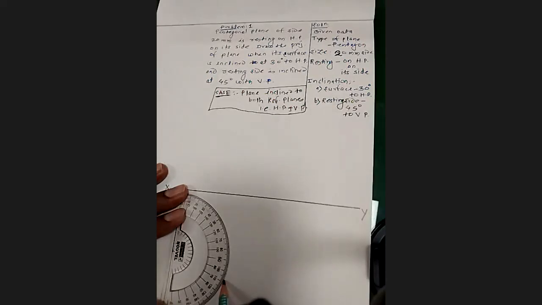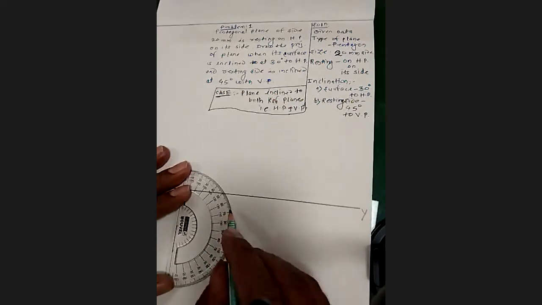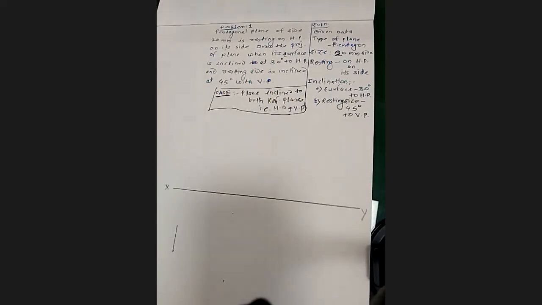So we get the mark for 72 degree by arranging this protractor at this point. Then I repeat it for another point, and I will take this 72 degree.